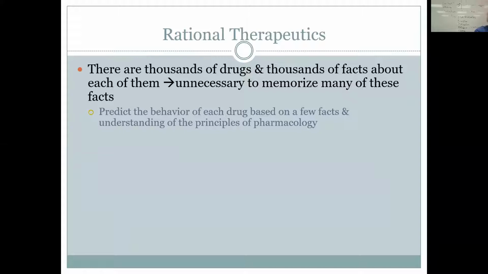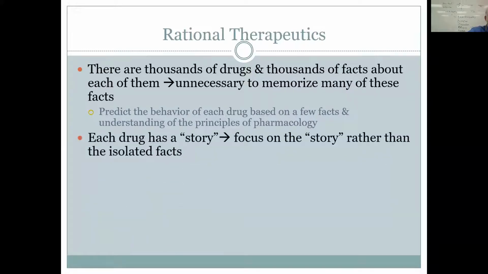The effect is to lower the plasma volume by getting rid of urine and thereby lower blood pressure, because one of the components of blood pressure is the plasma volume. Okay? So if we understand a few basic principles, we can make some predictions. Are our predictions going to be 100% accurate? Probably not, but we can be pretty clear about a lot of things.